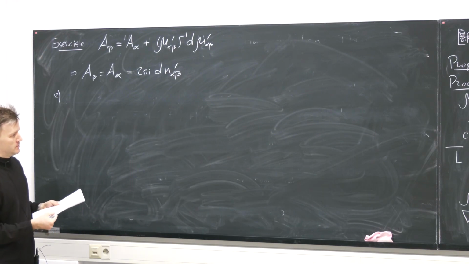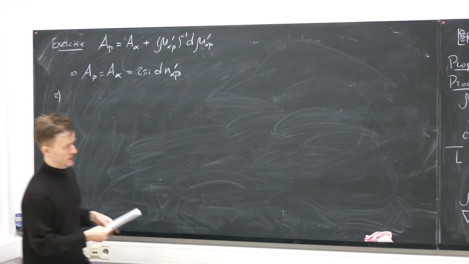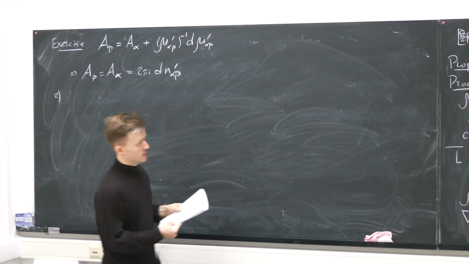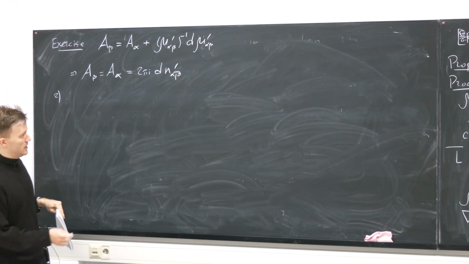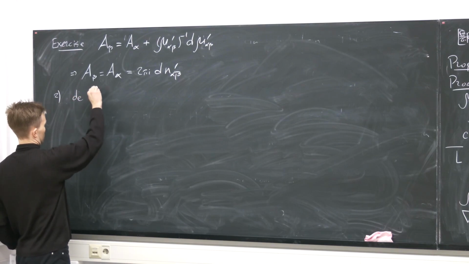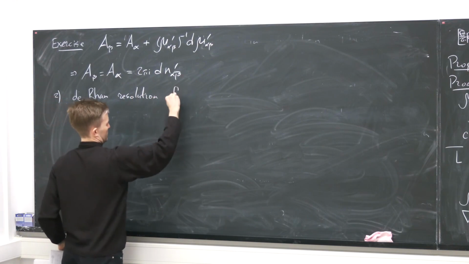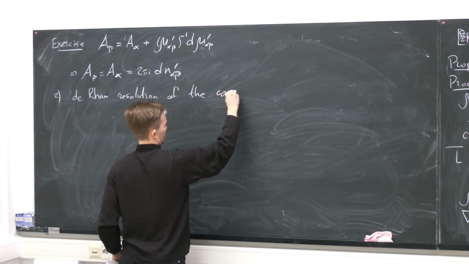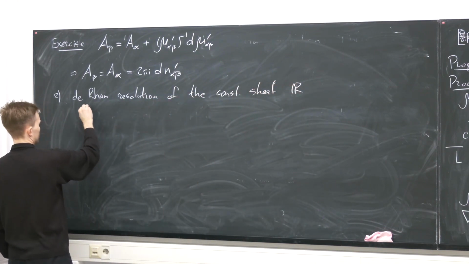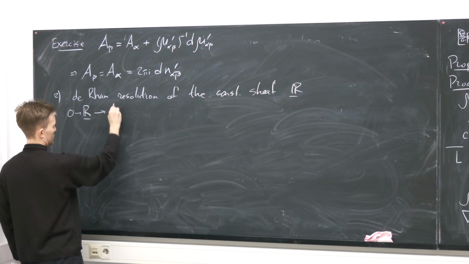So now, how to describe the cohomology class of the imaginary unit divided by 2 pi of R nabla. So that's a class in de Rham cohomology. So we have the de Rham resolution, de Rham complex of the constant sheaf R. So this constant sheaf has the following resolution.